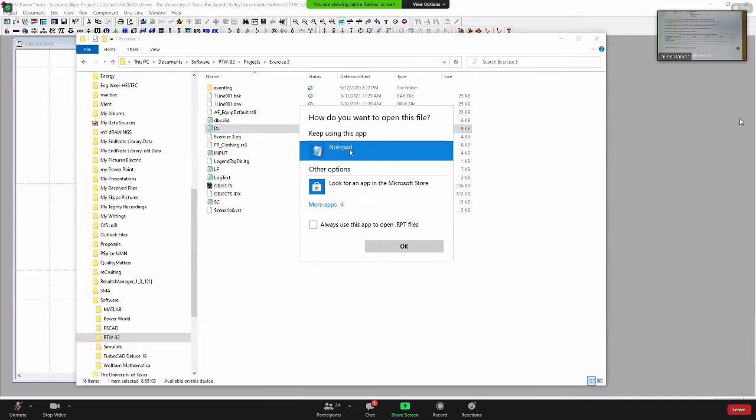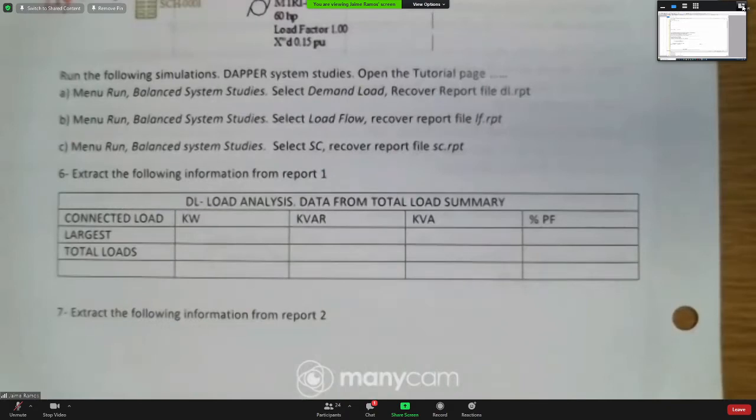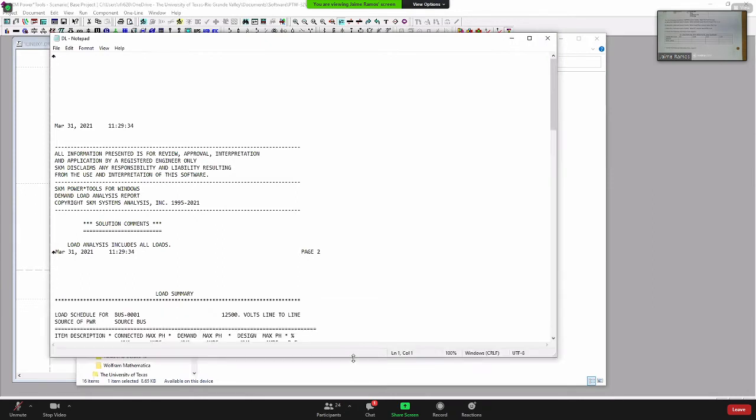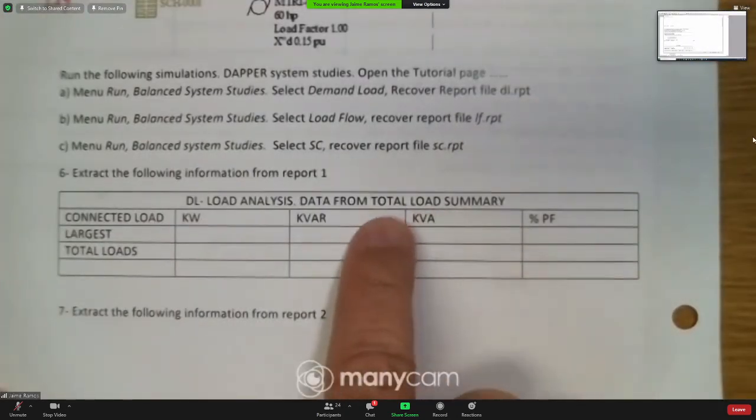No path. Okay. So here is the report. Okay, now, since the report is lengthy, I put a screen on the report, and we only want to get the load summary, total load summary.